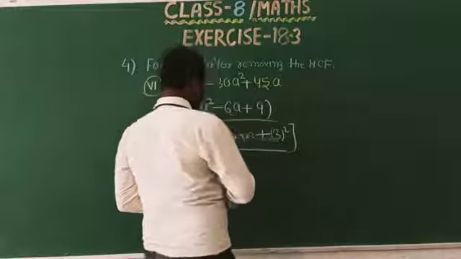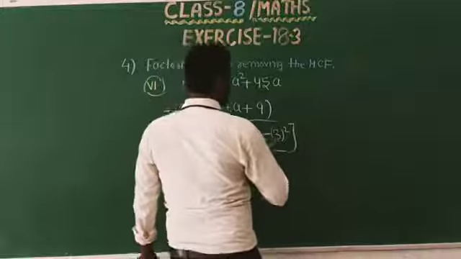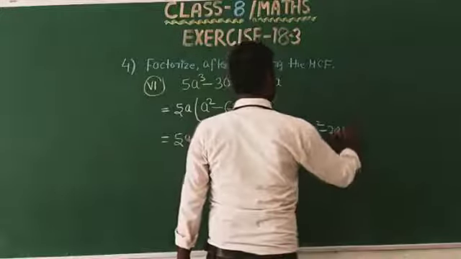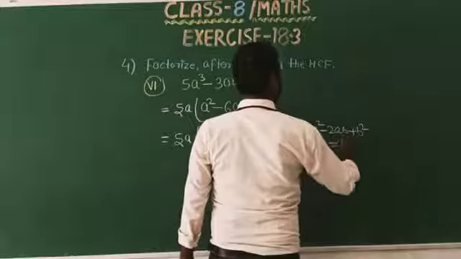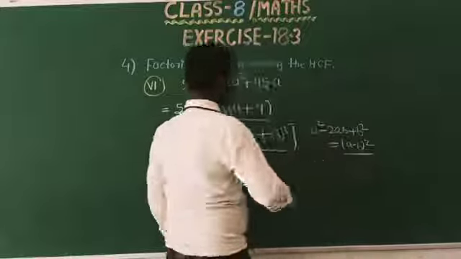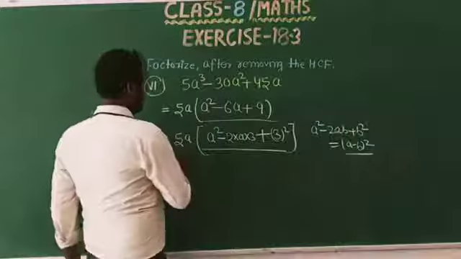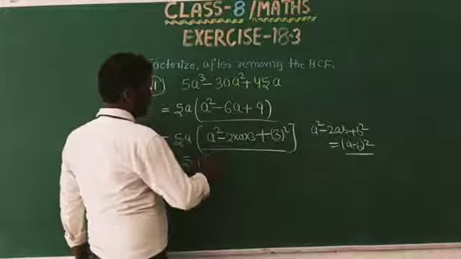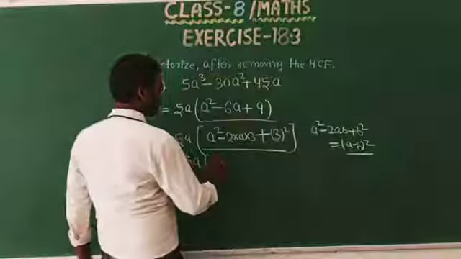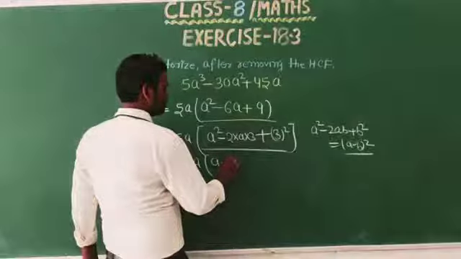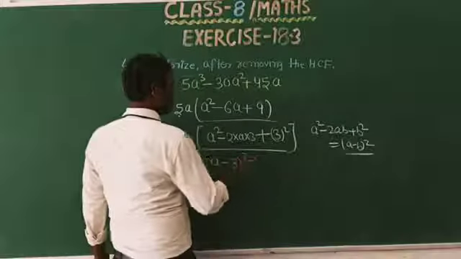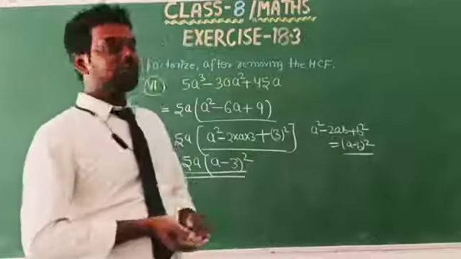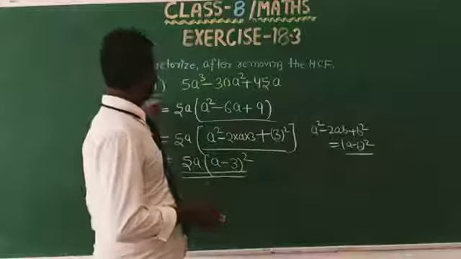By using the identity a square minus 2ab plus b square, which is equal to a minus b whole square, this becomes 5a into a minus 3 whole square. Dear children, this is the solution of the sixth part of question number 4.